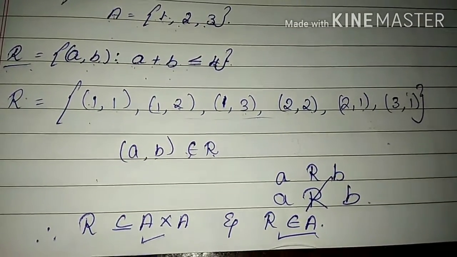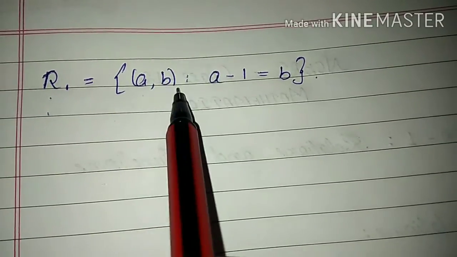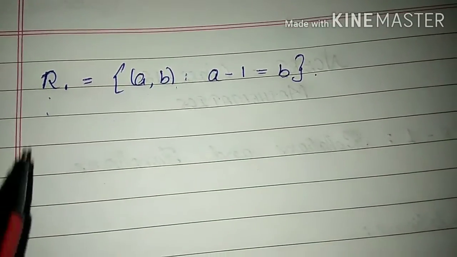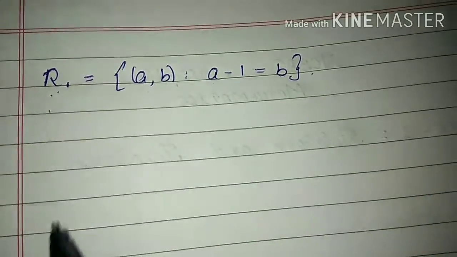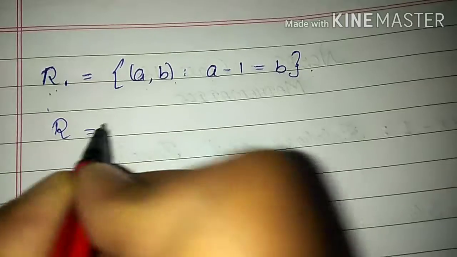Okay. Now the second relation I have taken is {(a, b) such that a minus 1 is equal to b}. So here I'm going to take any number for which I get this answer. First let me write it in roster form.